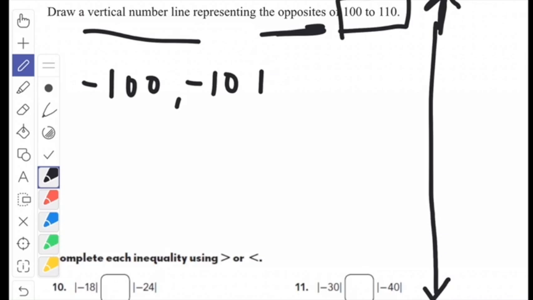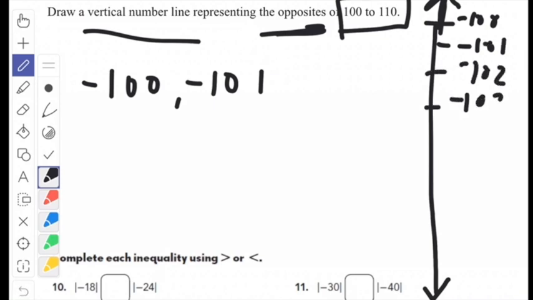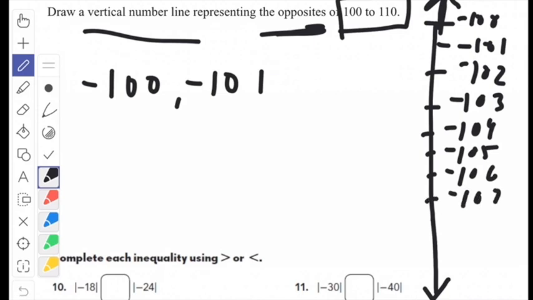When I'm dealing with negatives, you need to remember that at the top of a vertical number line is the highest number. So the highest number for a negative is the one that's closest to 0. So we're going to start up here with -100, then -101, -102, -103, -104, -105, -106, -107, -108, -109, and finally -110.